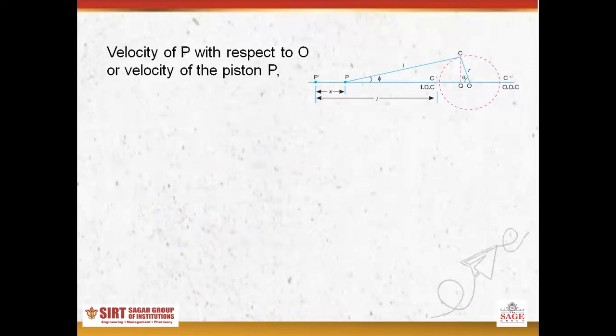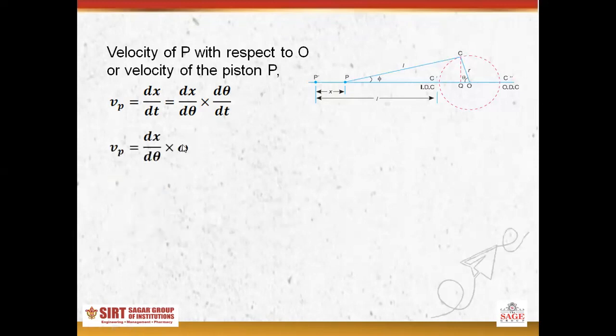Now finally we have to calculate the velocity of the piston. The velocity of the piston equals the rate of change of displacement with respect to time, dx upon dt, which can also be written as dx upon d theta into d theta upon dt. This d theta upon dt is the angular velocity, omega.